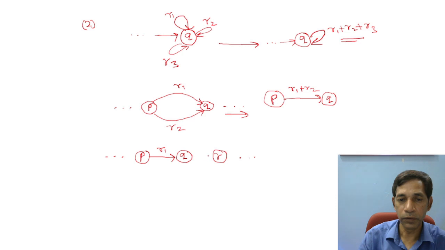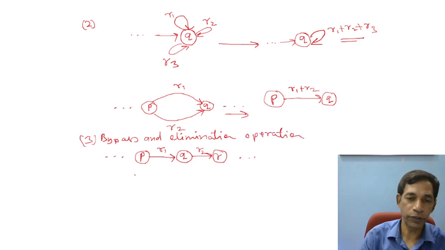From Q you are going to R for the regular expression R2. This is the situation where you are going to do the bypass and elimination operation.